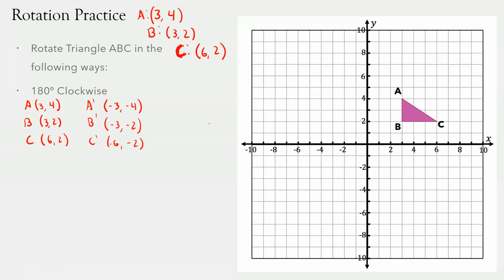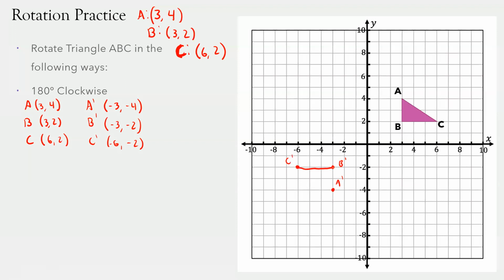Now, if we graph these, A prime is going to be at -3, -4. That's right here. A prime. B prime is going to be at -3, -2. So that's here. And C prime is going to be at -6, -2. So that's right here.